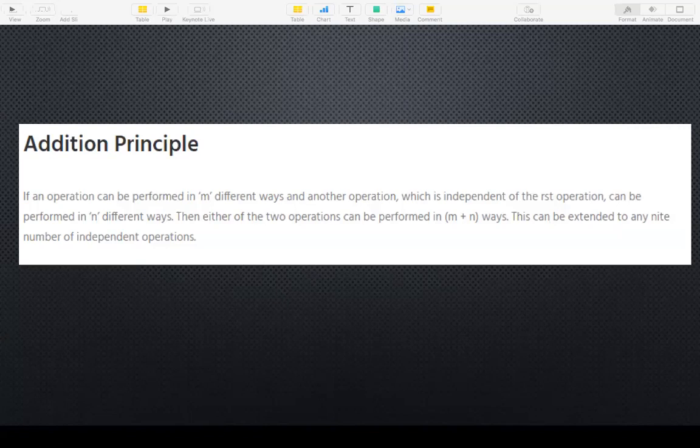If an operation can be performed in m different ways, and another operation which is independent of the first operation can be performed in n different ways, then either of the two operations can be performed in m plus n ways. Okay, and this can be extended to any finite number of independent operations. That will be finite again, typing error. Okay, so try to understand.